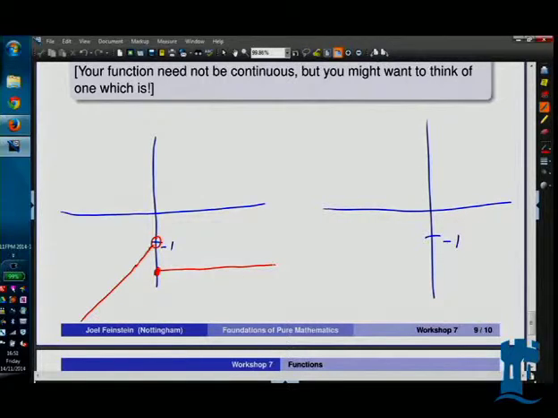This one here is f of x equals x minus 1 for x smaller than 0, and it's minus 2 for x greater than 0.